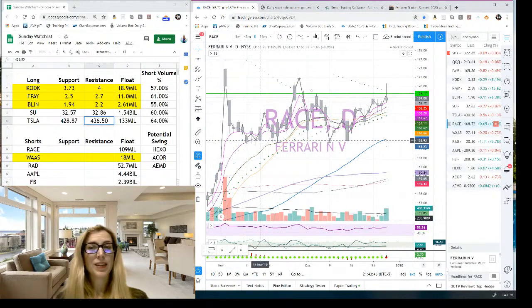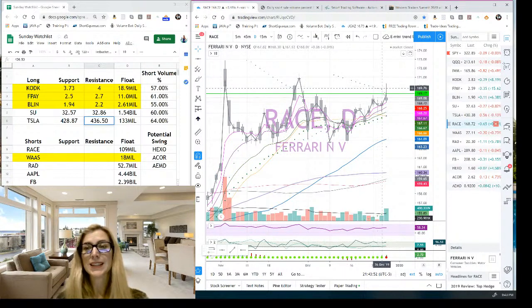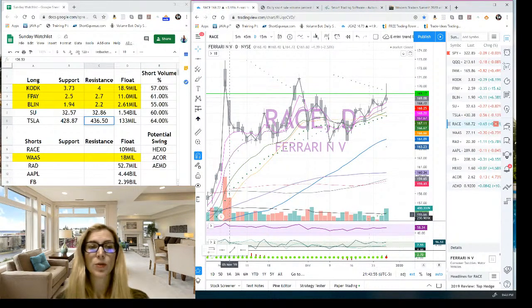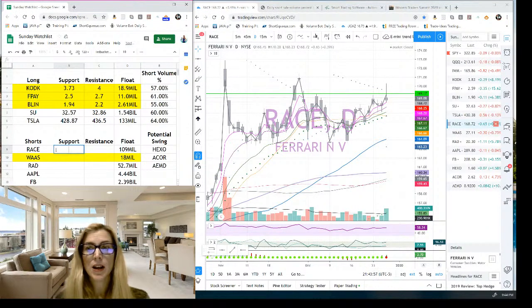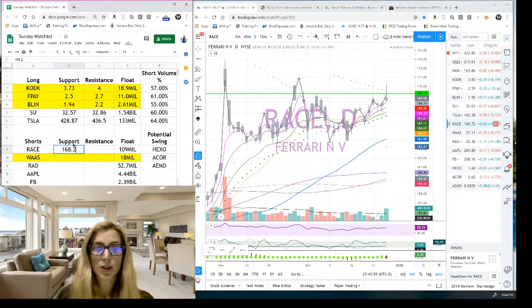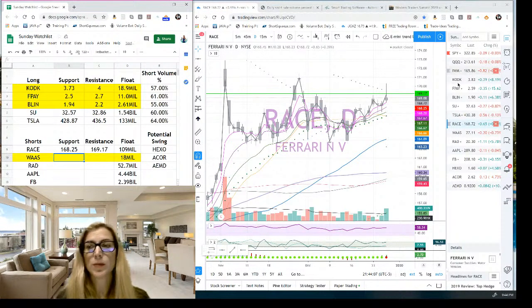Every time it pops above the 169, 170 area, it sells off. That's why I have it on my list as a potential short this week. Obviously, with the seventh test, it could go the opposite way. That's why these are potential shorts and potential longs.